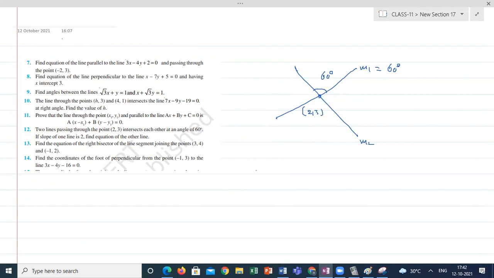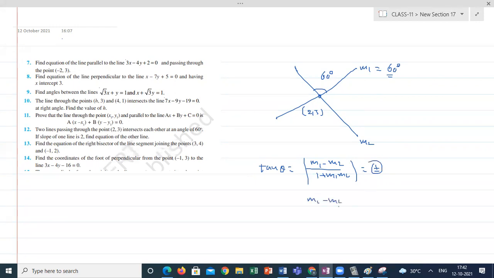I'll show you, wait. So two lines passing through 2, 3. First of all, I'm using tan theta is equal to modulus of M1 minus M2 by 1 plus M1 M2, which is giving 60. If it is 60, do you have to take plus or minus, or only plus? Only plus.